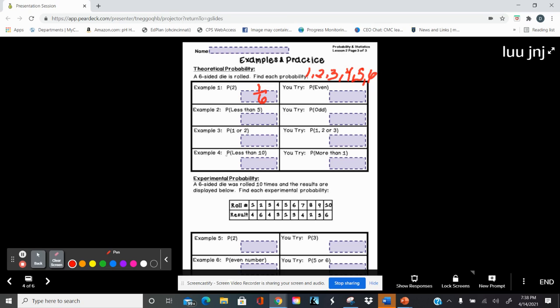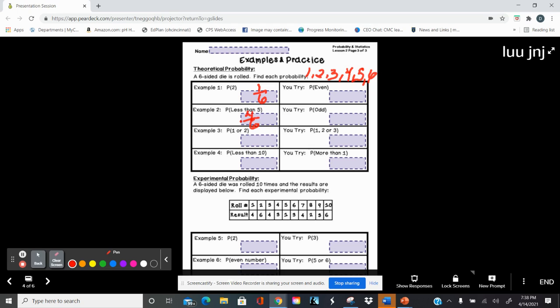If the die rolls on any one of those 4 numbers, that would be favorable for us because that's what we're looking for. However, if it lands on a 5 or a 6, not so much. So the favorable outcomes is going to be 4, and that goes on top. And on the bottom is the total, which we know again is 6.